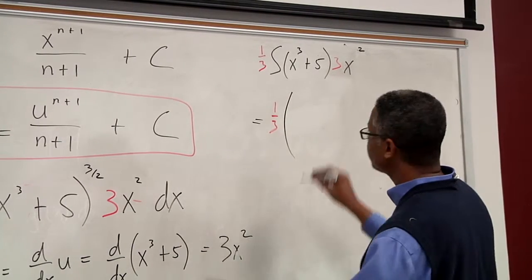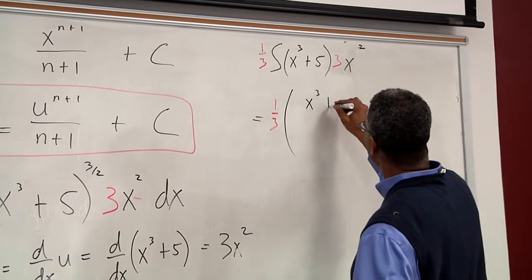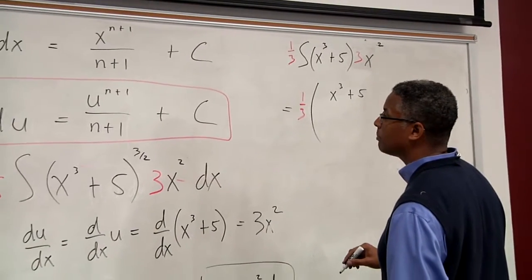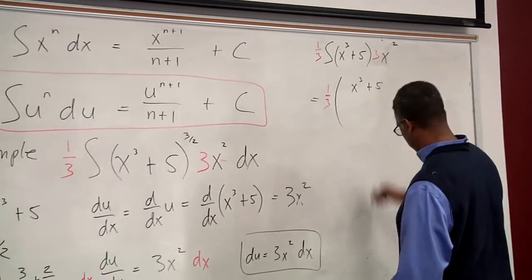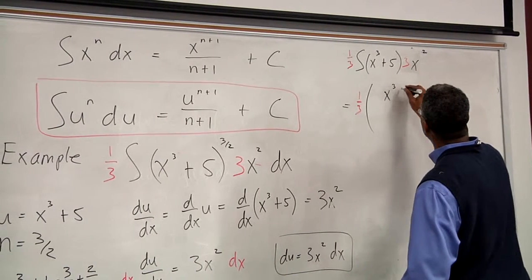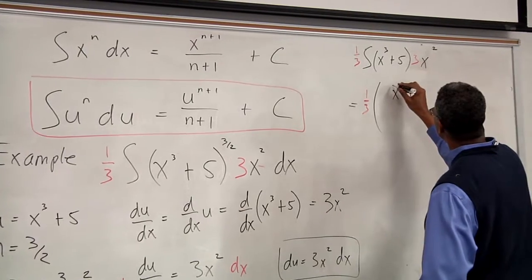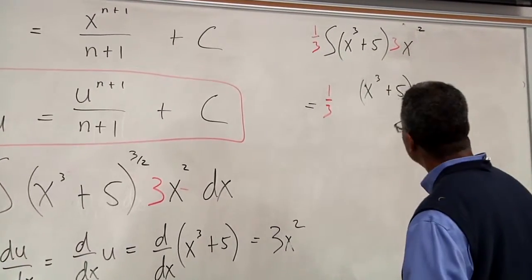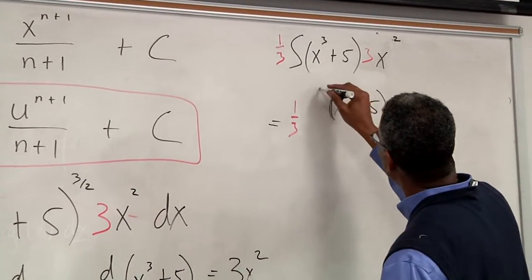u is x cubed plus 5, n plus 1, let me just write that a little bit better this time. So x cubed plus 5. And just to make things look visually more appealing, I'm going to use a square bracket here.